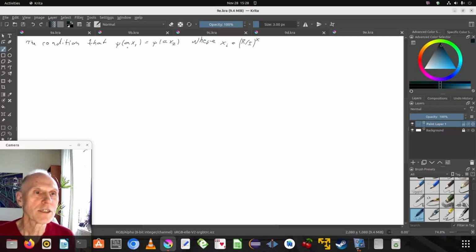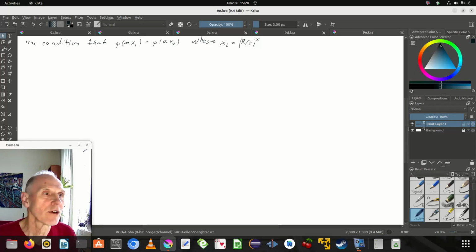The essential way to start is to ask what is the condition that psi of two distinct x values give the same, and then we can set that outside parenthesis. So that's the idea.